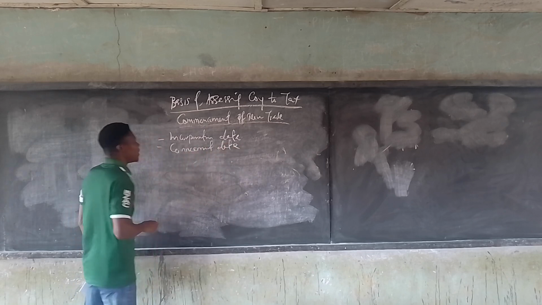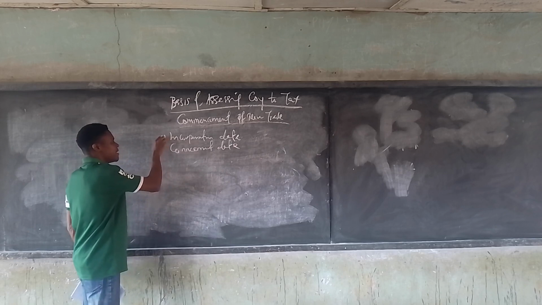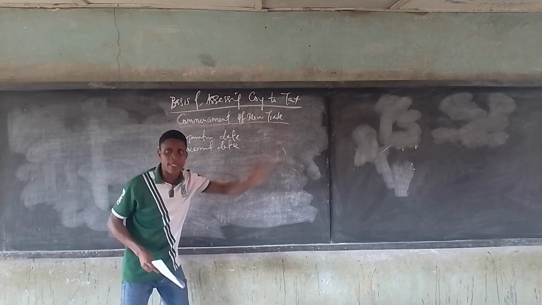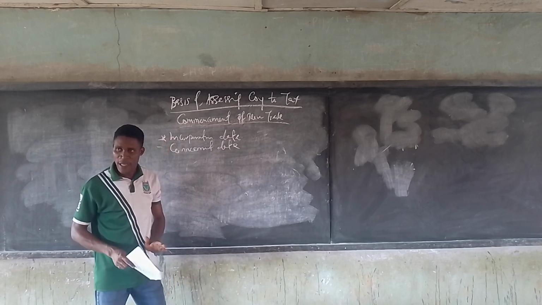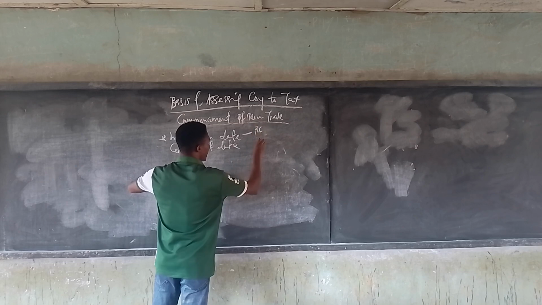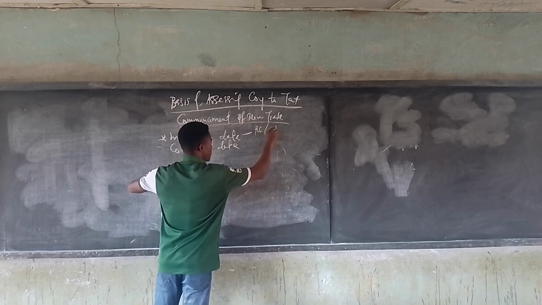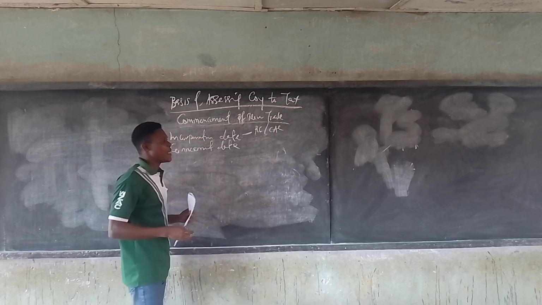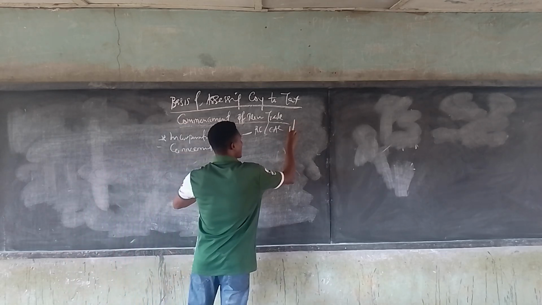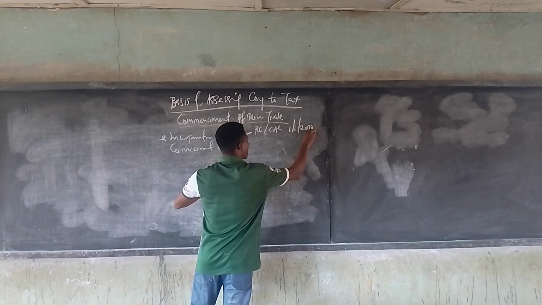Now, your incorporation date is the date when you register your company with CAC. That's when they will give you your RC number and your CAC certificate. Now, a company may register on 1/1/2019.